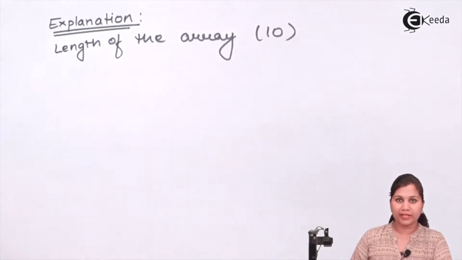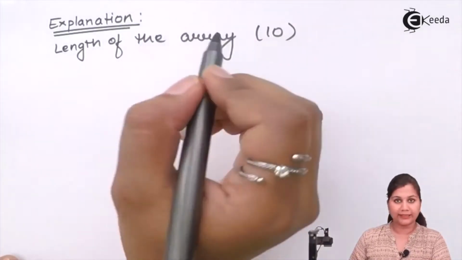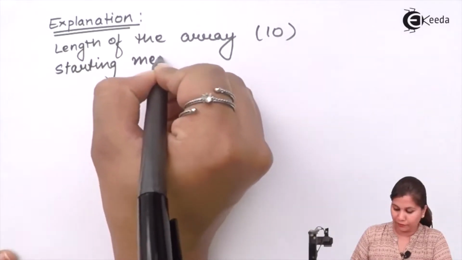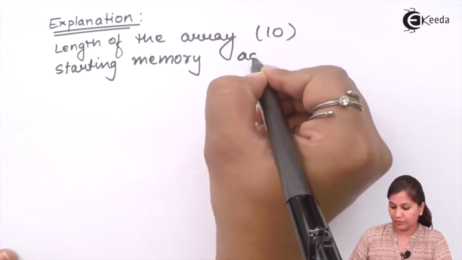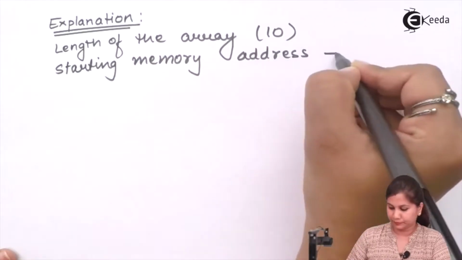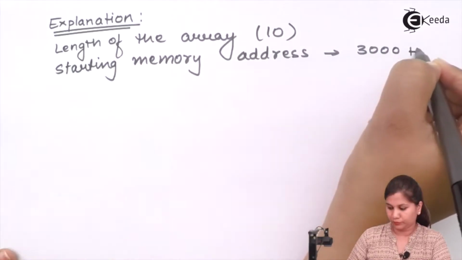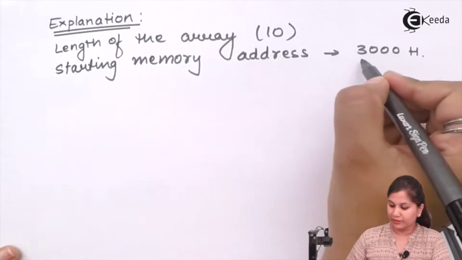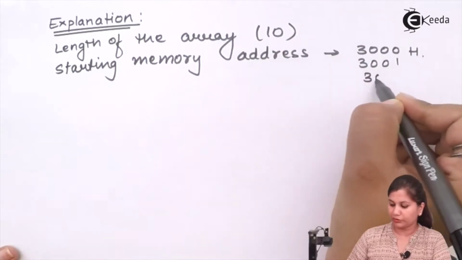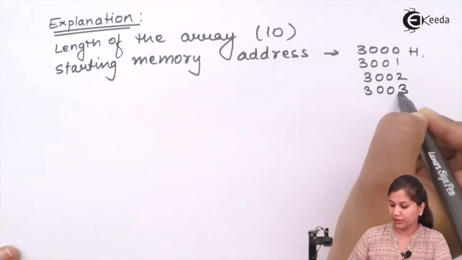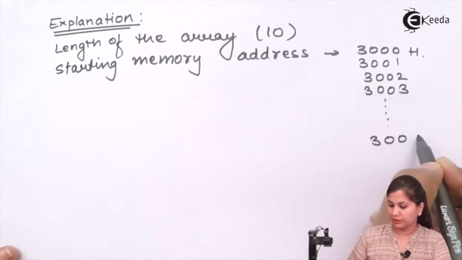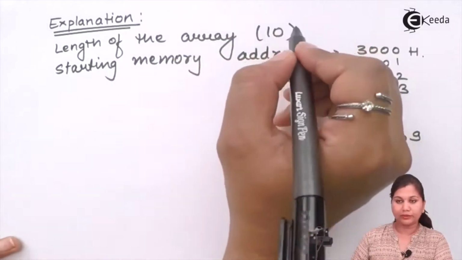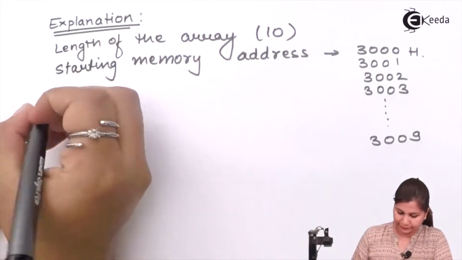So 10 numbers are given to us, and the starting address is 3000H. So from 3000H, 10 numbers are stored, with memory addresses 3000, 3001, 3002, 3003, and in this way up to 3009. We will have 10 numbers.